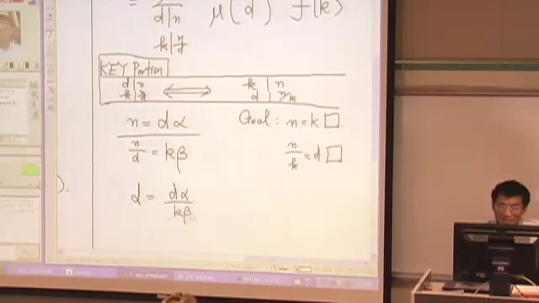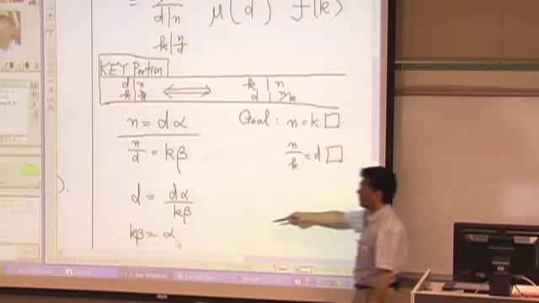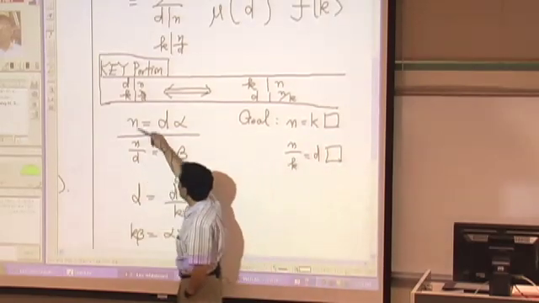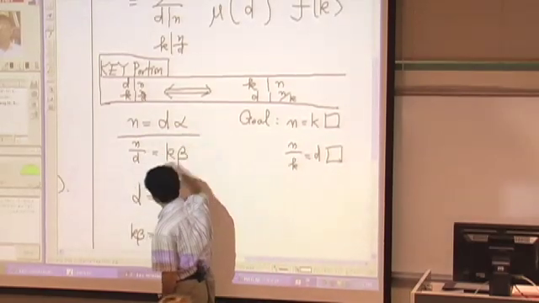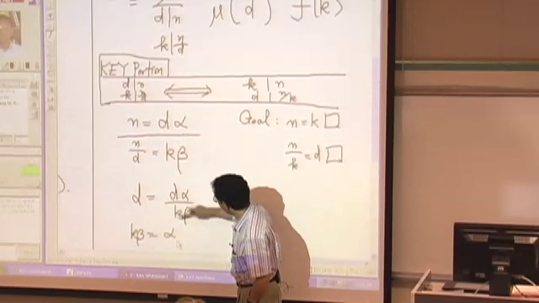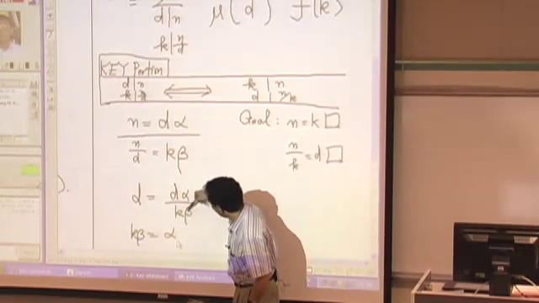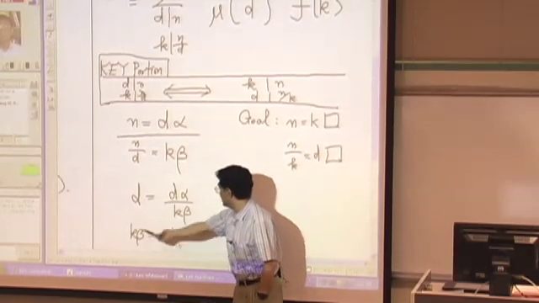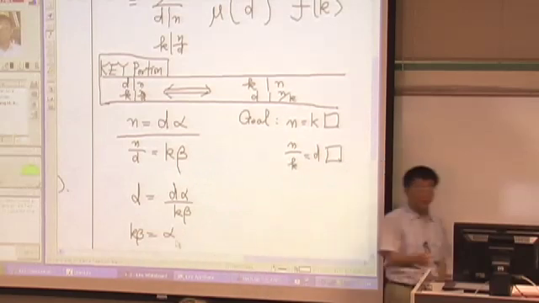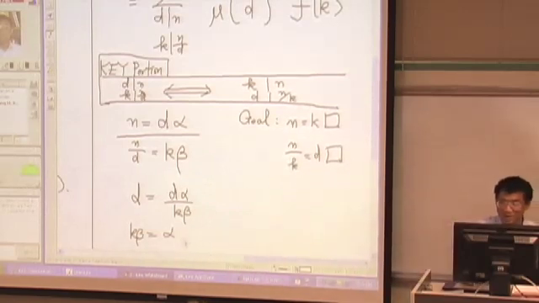Then I can multiply both sides by K beta. This is simple arithmetic. I divide this by this, then get D over alpha, and then alpha equals K beta. So I get this result.